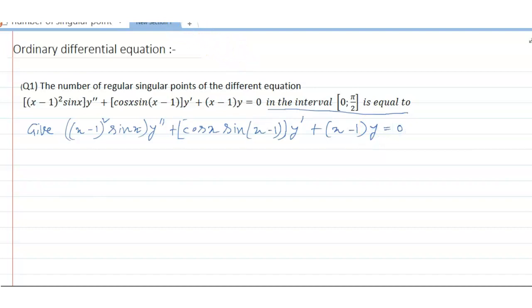So friends, I am just considering this equation like this.